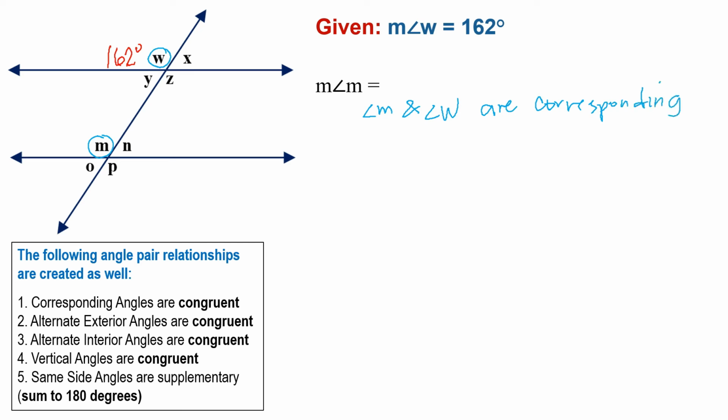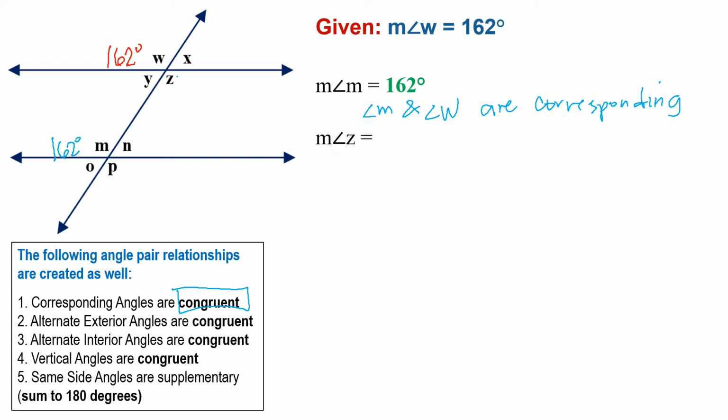Since they are corresponding angles, corresponding angles are congruent. So it means the measurement of angle M must be the same as the measurement of angle W. So it will also be 162 degrees. So let us write 162 degrees.